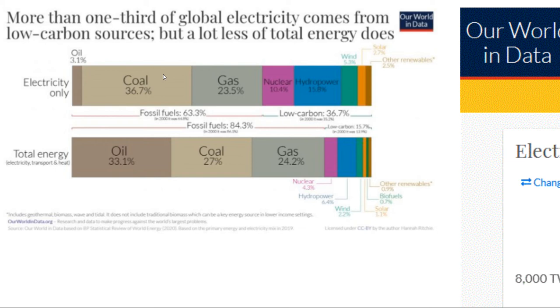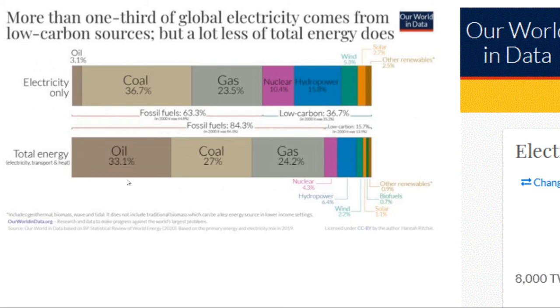This little graph here just shows where we get our electricity from on top. Around the world, most of electricity is generated with coal burning. After that, burning natural gas, then hydro and nuclear, and then renewables like wind and solar and other renewables. But if we include all energy, not just for electricity, but also for moving cars and moving trains and moving ships and heating buildings, this share of oil is the greatest of all.